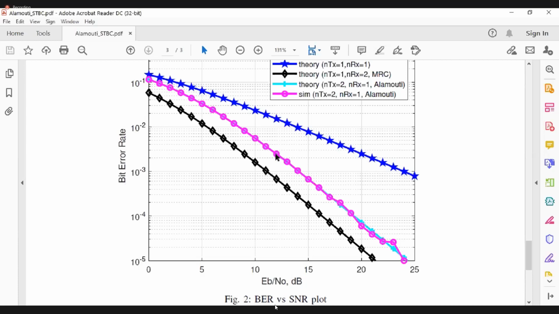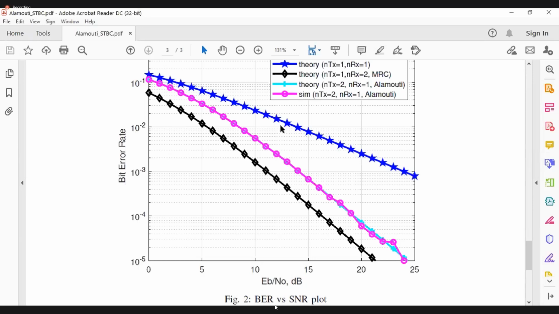In the MRC scheme, the drawback is that you need channel information, but in this case we don't need any channel information in Alamouti. At the transmitter side we are not using any channel information. So that is the good thing in the Alamouti scheme. You can achieve the diversity gain without considering the channel knowledge. Okay, so that is the good thing in the Alamouti scenario.